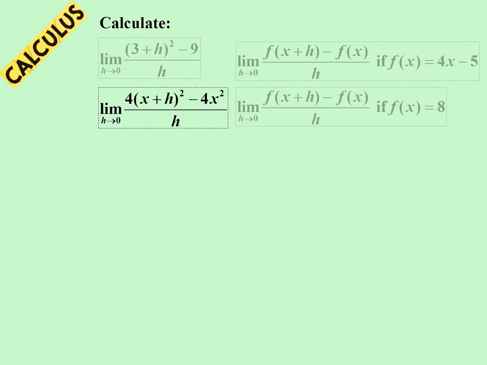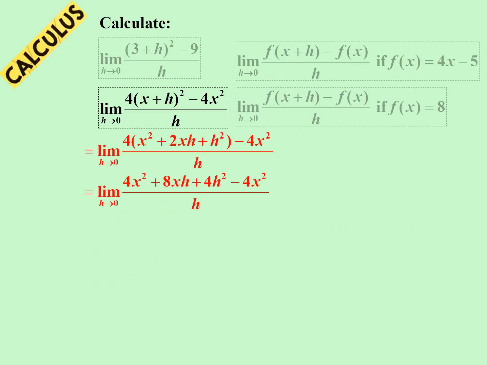Multiply out the top, simplify. Now we can take out a common factor of h. If we substituted 0 for h there, we get 0 over 0. And remember, 0 over 0 is indeterminate. It tells us something could have happened first. Well, in this case, we can take out an h, and they can cancel.